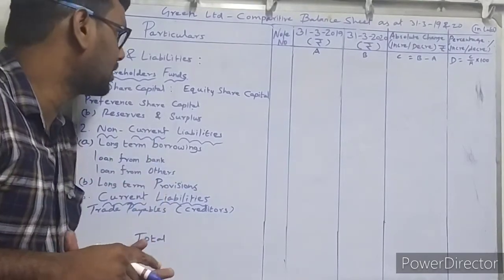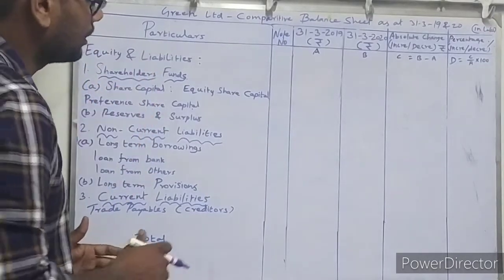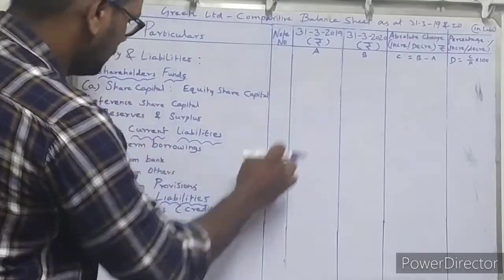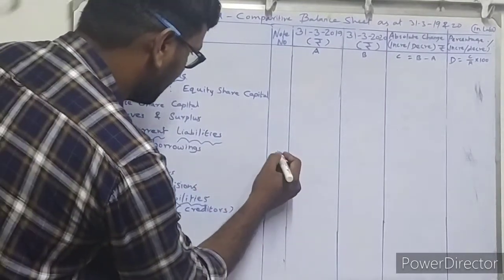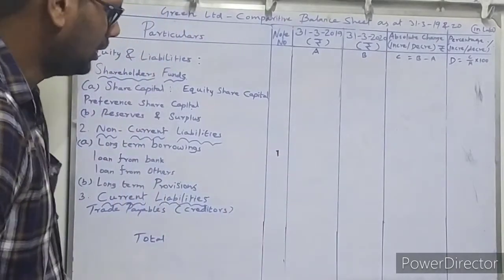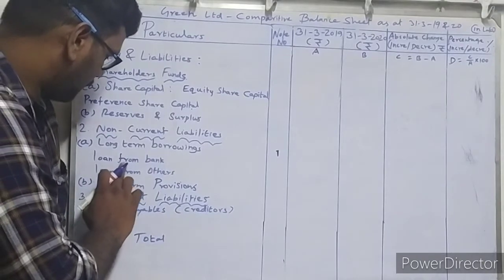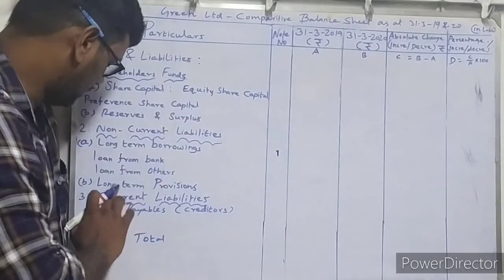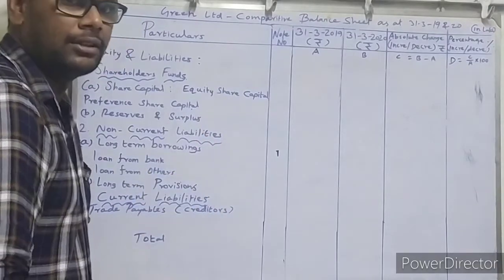All the liabilities are entered in the particulars with the note number. For example, long-term borrowings, note number 1. As I told you already, for note 1 they have given the loan from bank amount very clearly, and the loan from other creditors amounts are also available below.